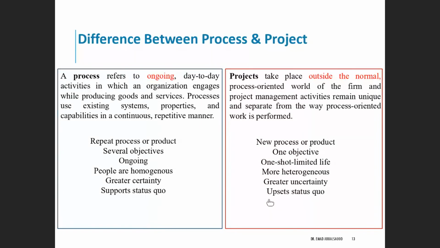The project, when it says upset, is just something that is going to interrupt what you are doing, because you are developing something new, or you are solving problems, so you are going to make changes at the end. It's changing the current situation you are working in. In the process, it supports the current situation you are working on. This is the difference between process and projects.